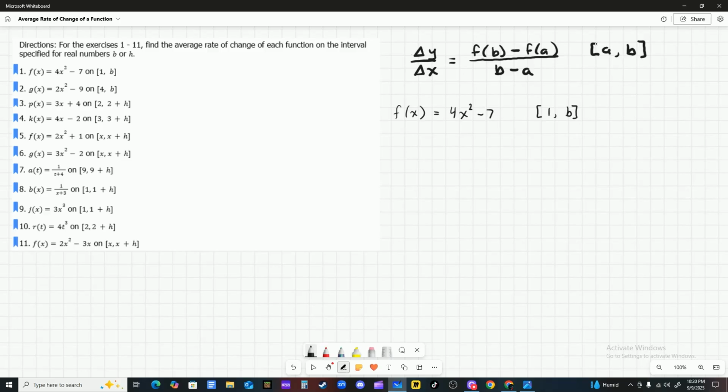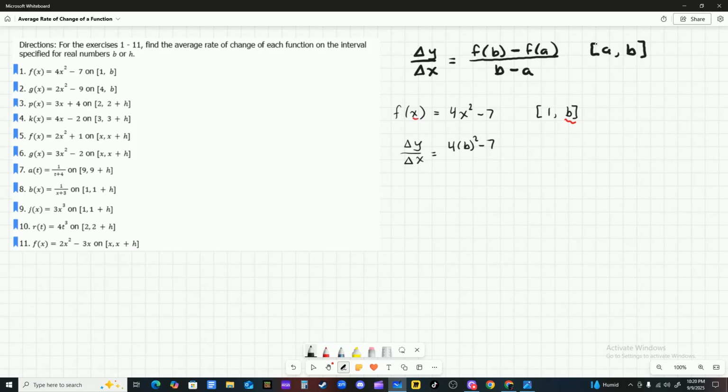For f of b, instead of x, I'm going to replace x with b. So f of b is 4b squared minus 7.